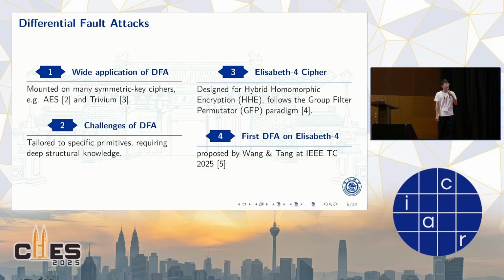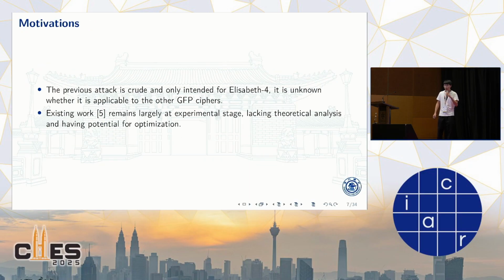And in last years, Wang and Tang proposed the first DFA on Elizabeth IV, which was published at the IEEE Transactions on Computers 2025. But the previous attack is quite crude and only intended for Elizabeth IV.